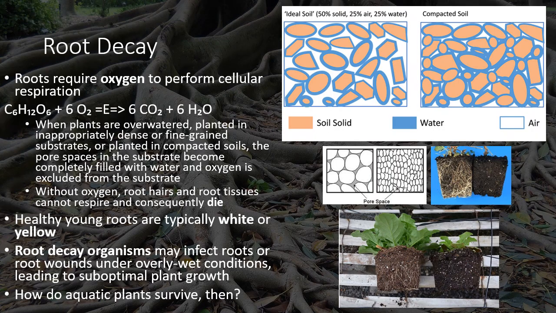If you look at this bottom image, you can see two Gerbera daisies. The one on the left has been grown with an appropriate watering, and you can see there's healthy, fine white roots growing through the potting substrate, and the leaves of the plant are quite large. It's a big plant. The plant on the right is a plant from the same crop of Gerbera daisies that was overwatered, and you can see that the leaves of the plant have not grown as much.